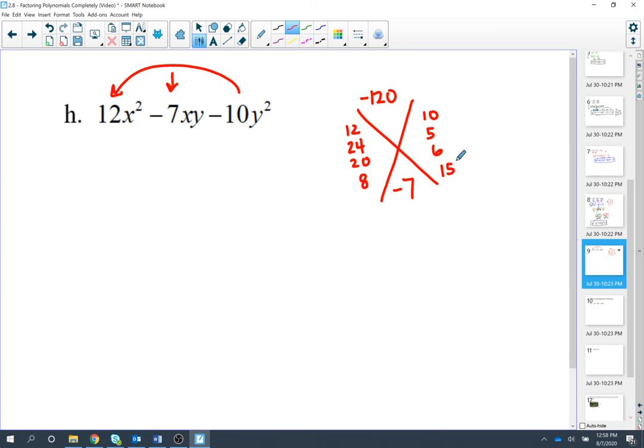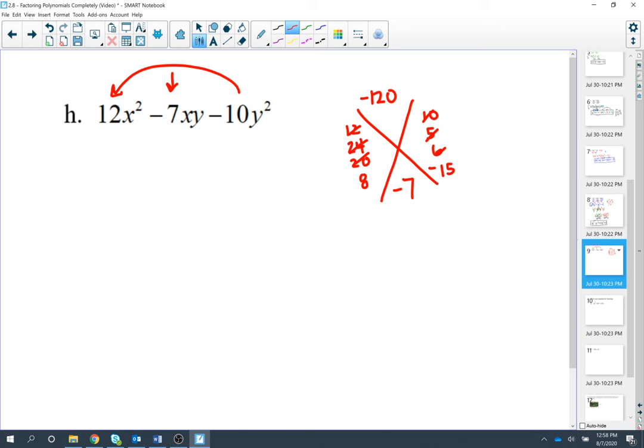Are those 7 apart? 15, 14, 13, 12, 11, 10, 9. Yeah, okay. There, we finally got something. But it has to multiply to negative 120 and it has to add to negative 7. So if my adding is negative, I'm going to make my larger number negative. So negative 15 plus 8, negative 7. Okay, I think we got it.